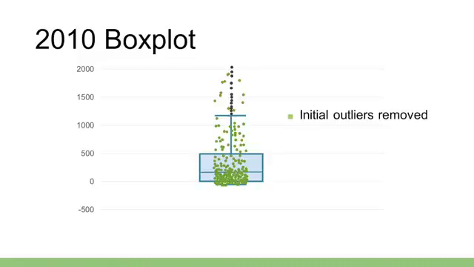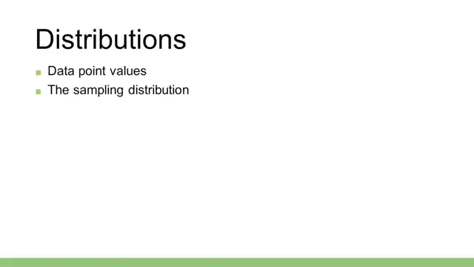Now, we've just got this intuition from that data that this is really skewed, but let's look at the distributions. Remember, there are two types of distributions we're talking about. Our data point values from our samples themselves, and then the sampling distribution through the central limit theorem, which states that if I could do this over and over again and get all the means, for instance, that would be normally distributed.